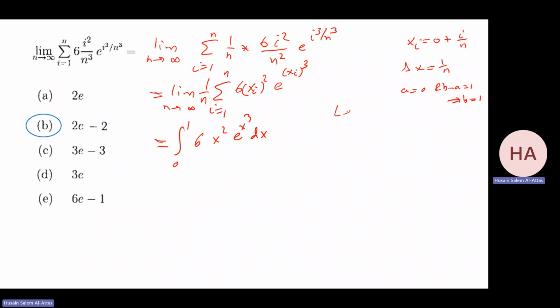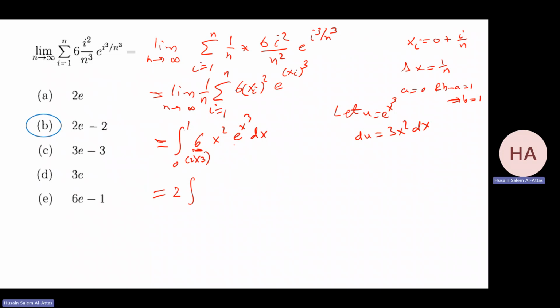So now I will let u equal x cubed, du will be what? 3x squared dx. So I write the 6 as 2 times 3. That gives me, I have 2.